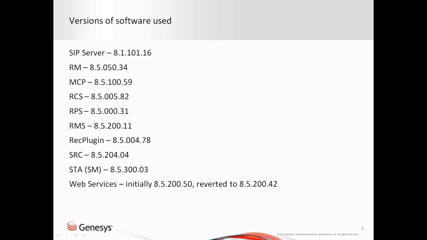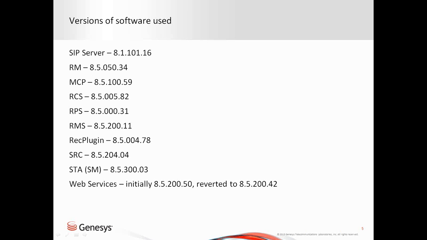For recording crypto server, we're using 8.5.005.82. Recording processor script, we're using 8.5.000.31. Recording muxer script, we're using 8.5.211. Recording plugin for jacks, we're using 8.5.004.78.